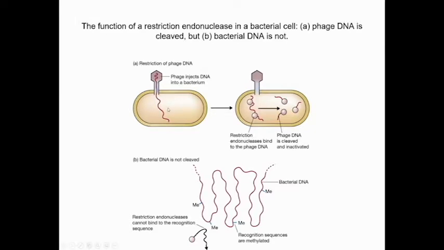To prevent invasion from the phage, the bacterial cell developed a defense system that can recognize foreign DNA and digest it. To distinguish foreign DNA from host DNA, the host DNA is methylated after replication.